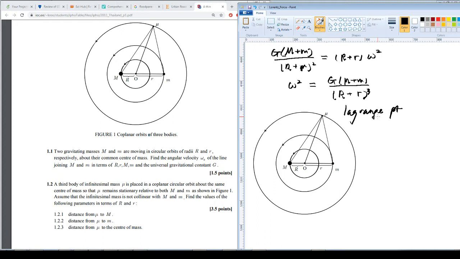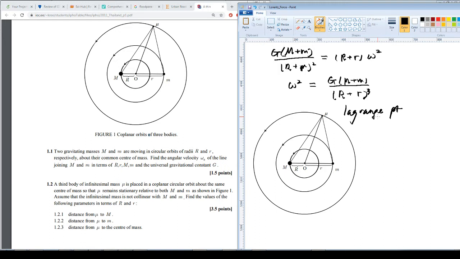When you place an object at a Lagrange point, the object and the masses forming the Lagrange point will form a stable triangle.